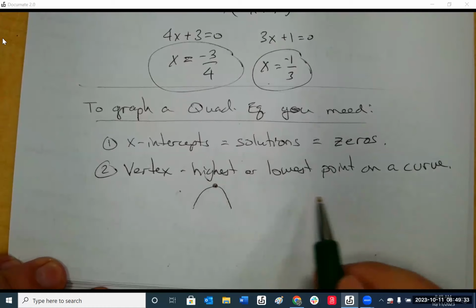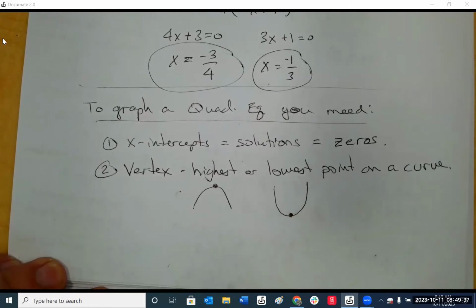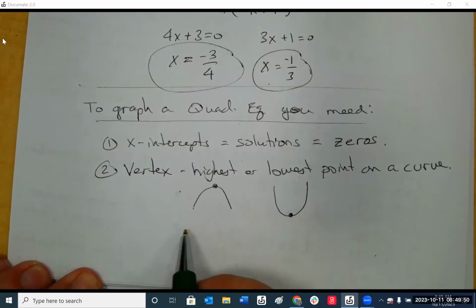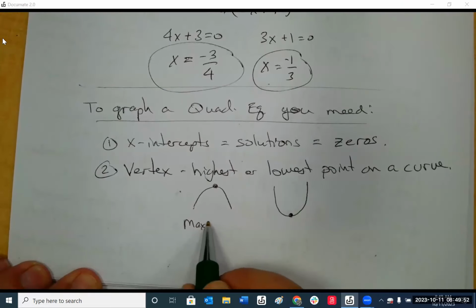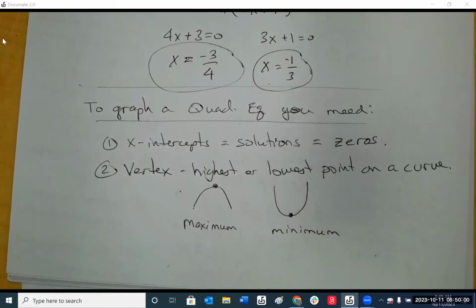It's the highest point there. It's the lowest point if our graph looks like this. If it's the highest point, it's called the what? Starts with M. Very good. Maximum. And if it's the lowest, very good, the minimum.